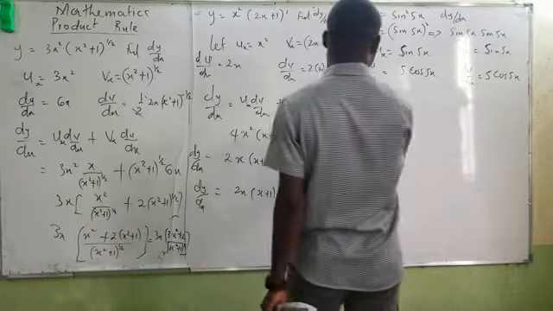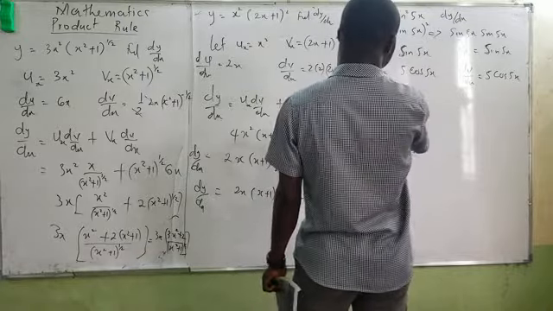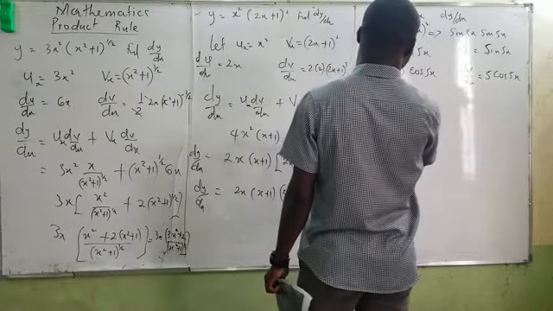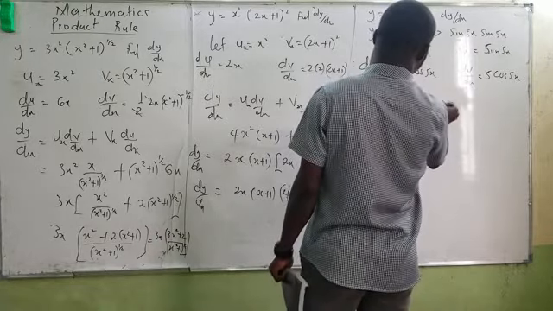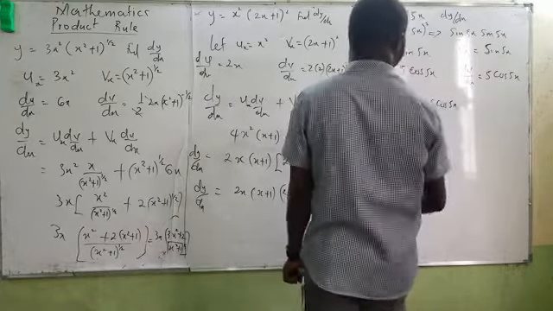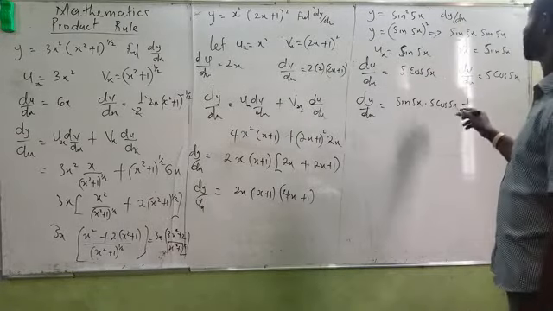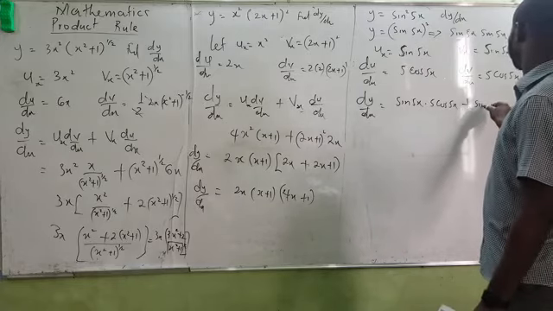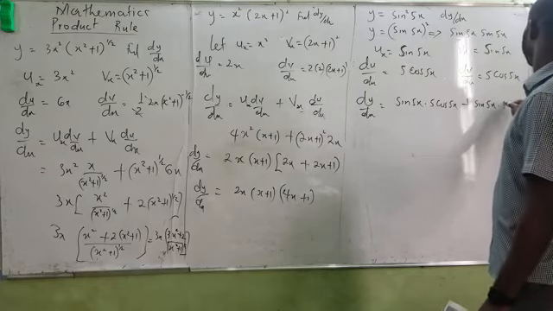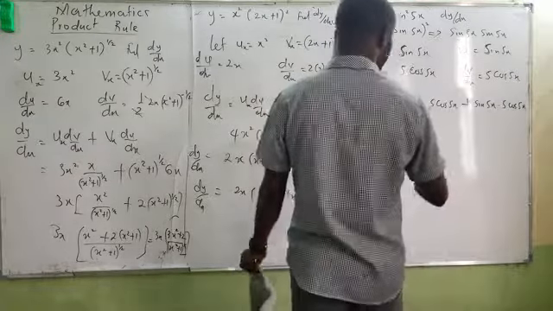And by so doing that, I can also say that dy/dx will be equal to, what is my u? My u is sine 5x dot 5 cos 5x, and plus, this also would remain the same, which is sine 5x dot 5 cos 5x, which it will be 2.